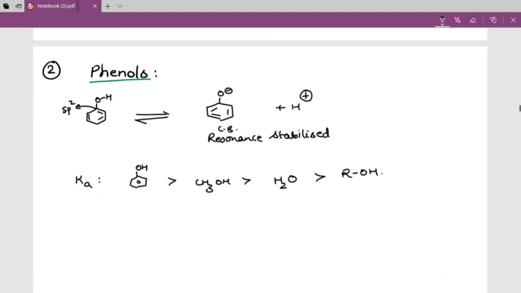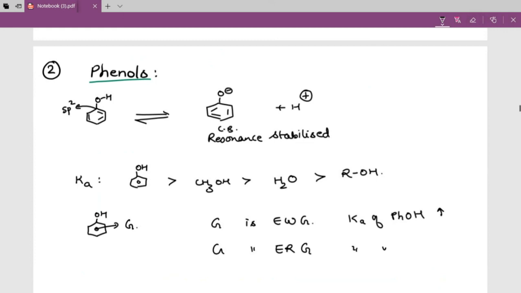And in case of phenols also, if I introduce certain groups, and this G is an electron withdrawing group, Ka of phenol will increase, and if this G is an electron releasing group, Ka of phenol will decrease. So Ka of phenol will keep on changing based on the presence of other groups.